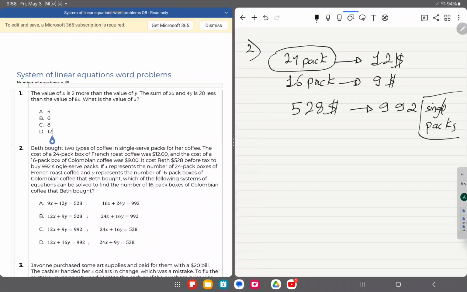992 single packs. Now, if x represents the number of 24 packs, and y represents the 16 packs, how should I write it? I need to be consistent, so I'm going to think about dollars now.